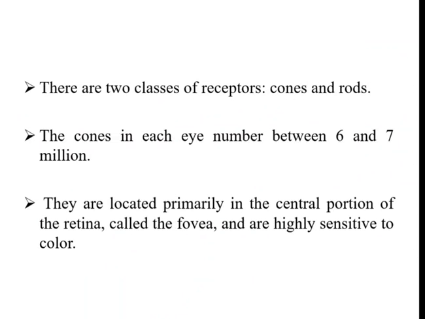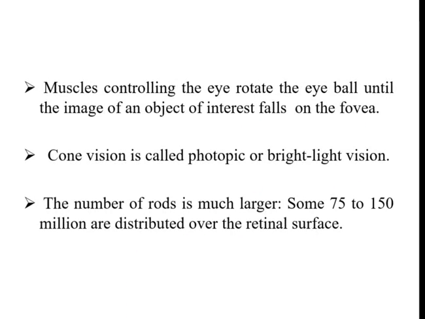Humans can resolve fine details with these cones because each one is connected to its own nerve end. Cone vision is called photopic or bright light vision. Muscles controlling the eye rotate the eyeball until the image of an object of interest falls on the fovea.